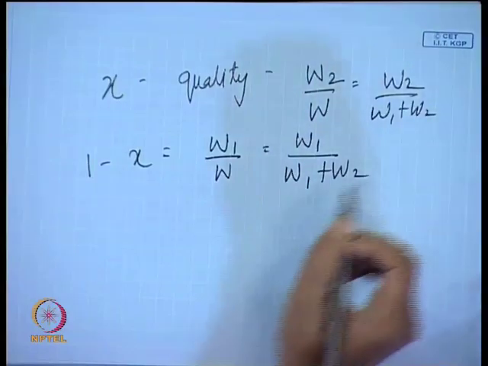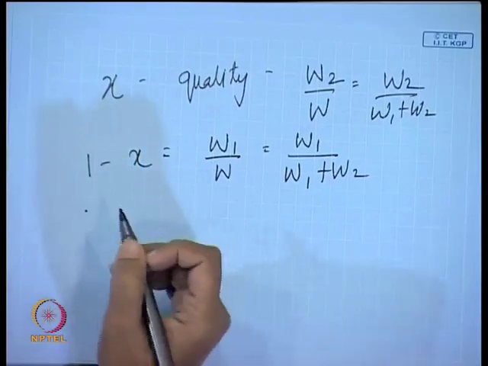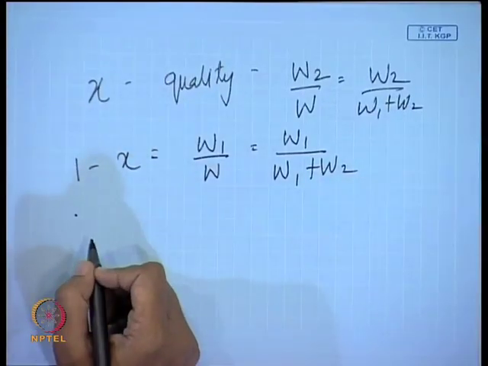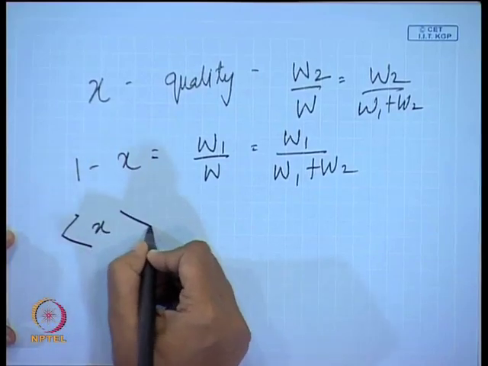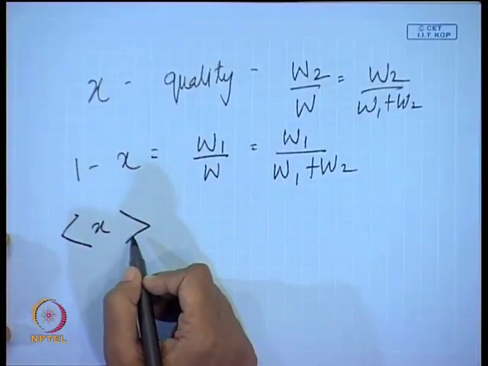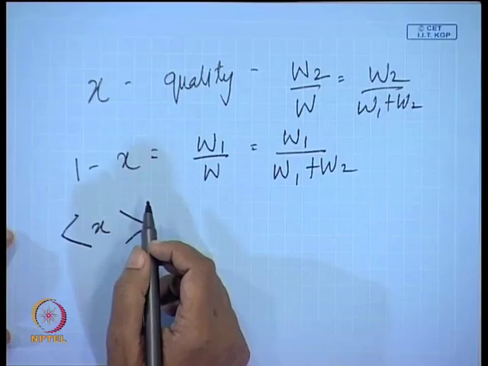So, we can also write certain other equations. In the same way as I told you for the void fraction, in this case also remember that there can be temporal variations, and there can be variations across the flow. So, when we are talking about quality, usually we refer to the averaged values. Under normal circumstances, we do not put these brackets, and we assume that x refers to the average property itself.